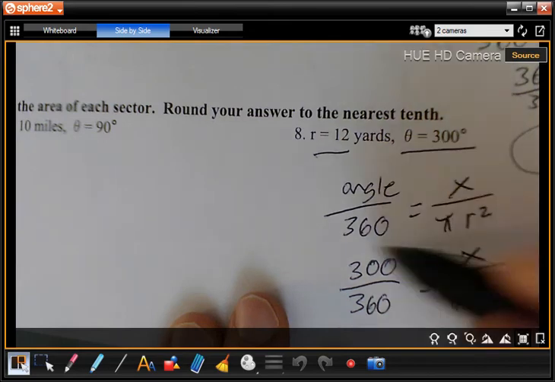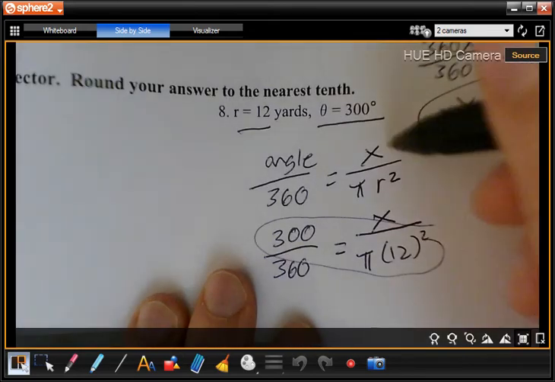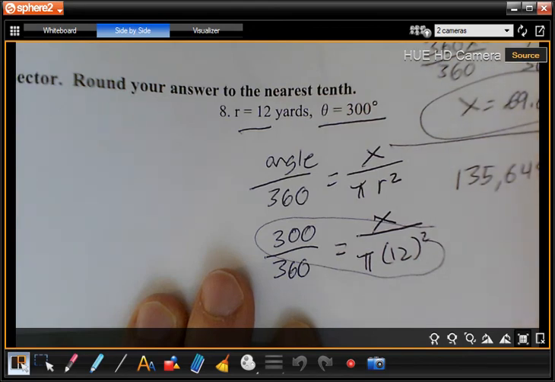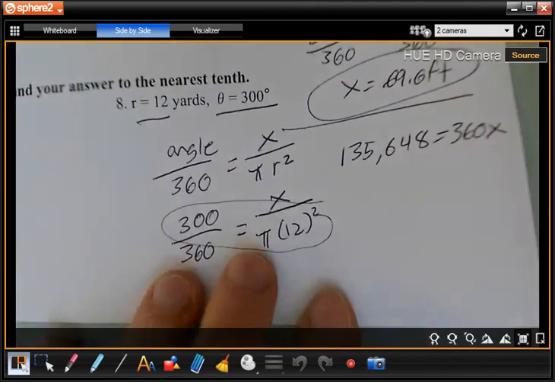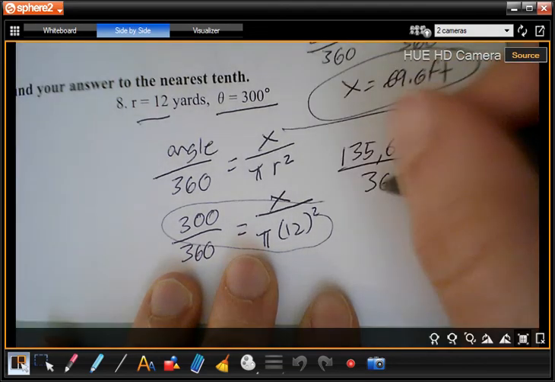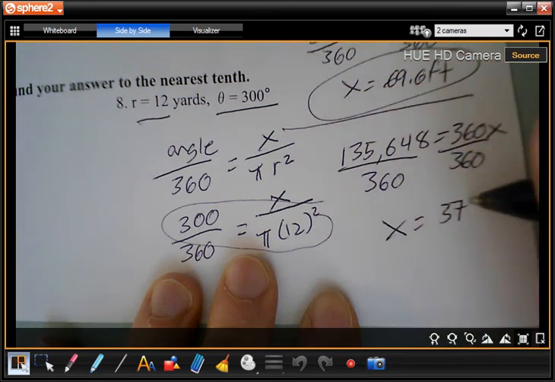I'm going to multiply all of these together first, and that is going to give me 135,648 equals 360x. And then I'm going to divide both sides by 360. This ends up giving me x equals 377 yards squared.